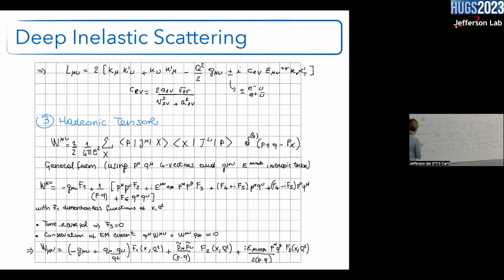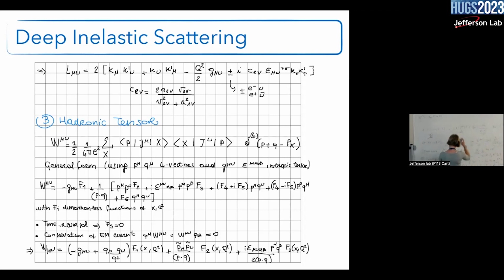Let me write it here. So let's do this effort of imagination. So you have W mu nu. The easiest is eta mu nu with F1. So this is a coefficient, as I said, that can only depend on X and Q squared, the 2 variables of the phase space that we left out, okay?